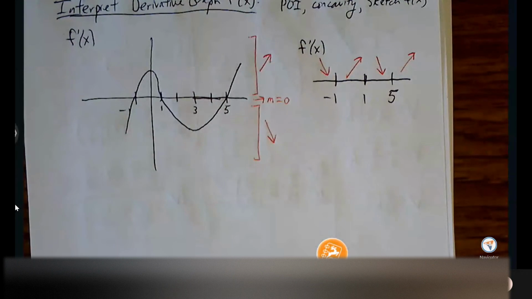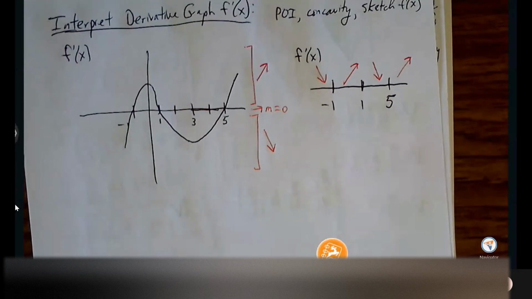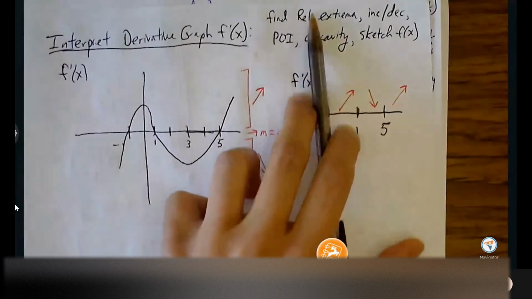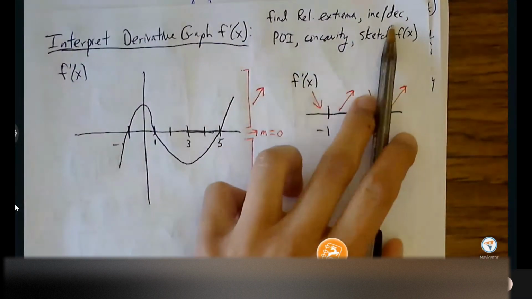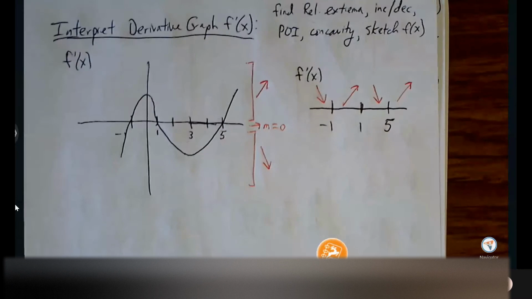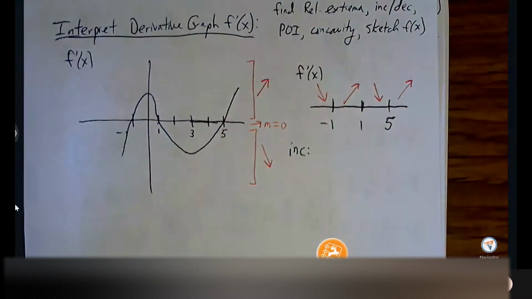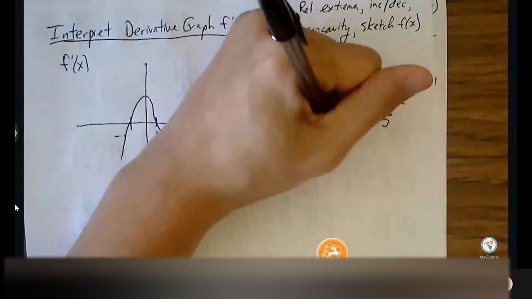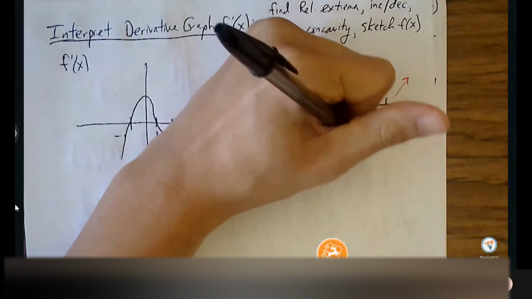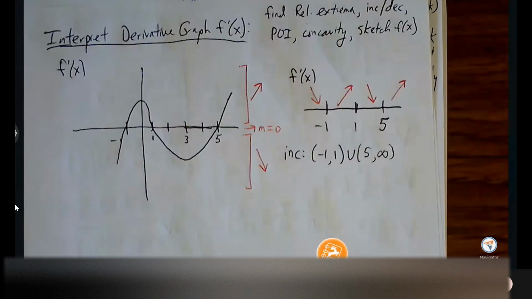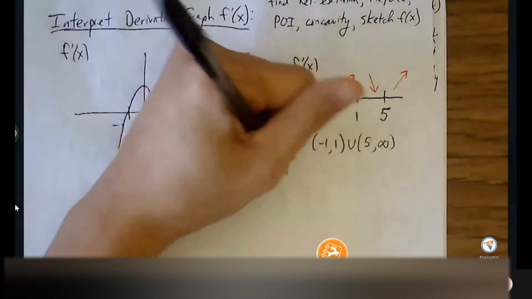Now, once I have my arrows showing in my sign line, I can pull all the information that I need regarding slope: relative max, relative min, increase, decrease. So let's go ahead and find all that information. Increase intervals are these two intervals. Decrease intervals.